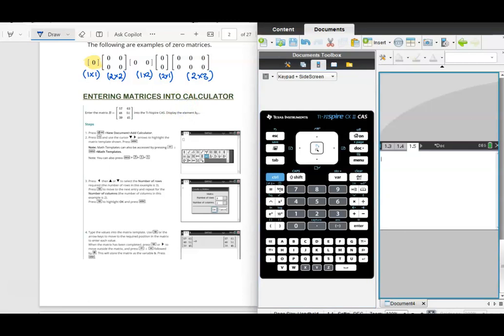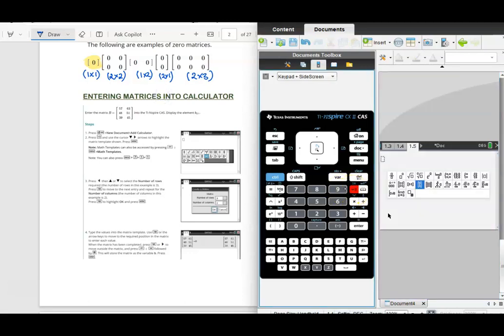So if we go to a document page, to set up matrices, just to show you how, we'll go over this next lesson a bit more because I said you didn't need your calcs today. To set up a matrix, the button is right next to the 9. If you click on that one, you'll see a few options in this second row. They give you a few quick keys.